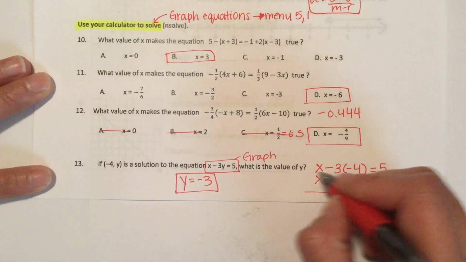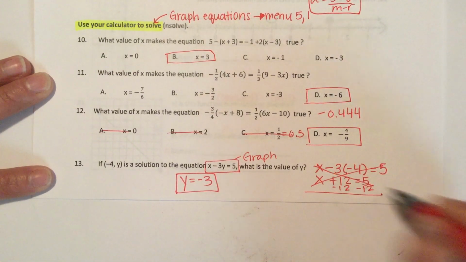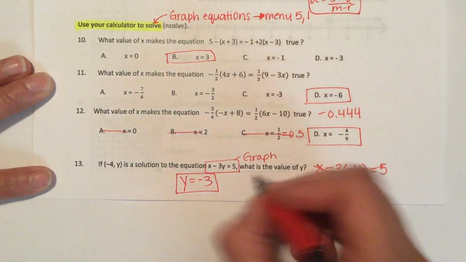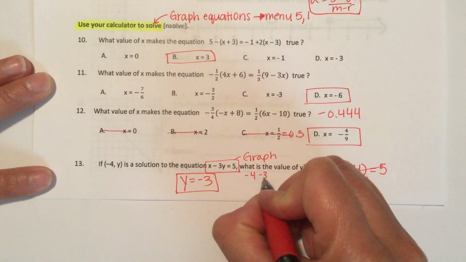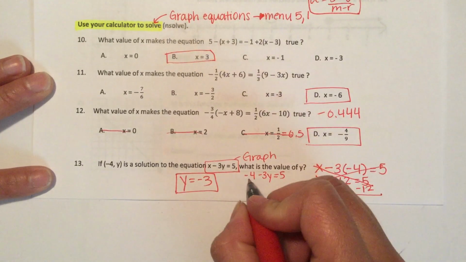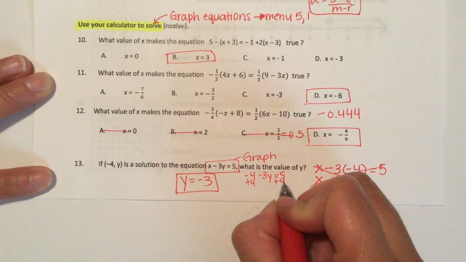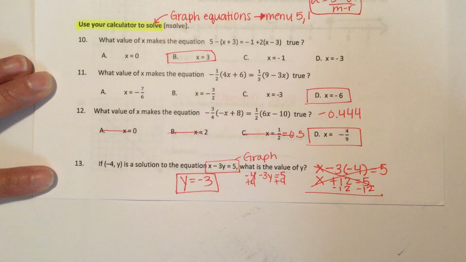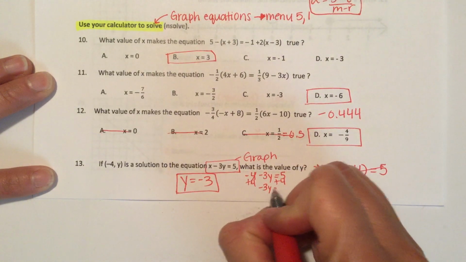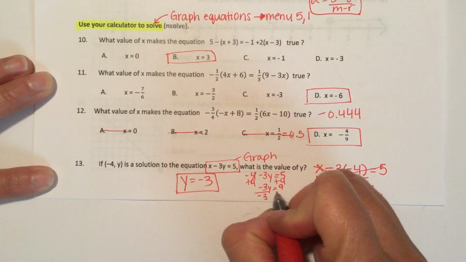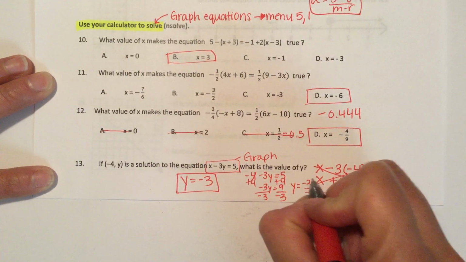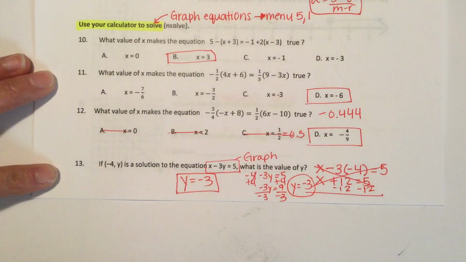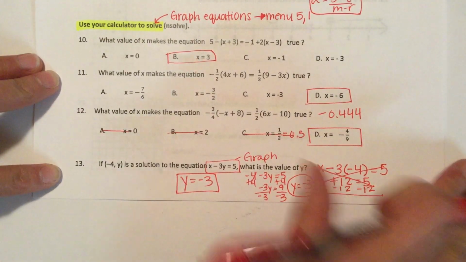I'm sorry, this should be the x value. So I plugged that into the wrong equation. You'd plug in negative 4 for x: negative 4 minus 3y equals 5. You add your 4 to both sides. Then you get negative 3y equals 9. Divide by negative 3 and y equals negative 3. That is the exact same answer that we just finished going through.